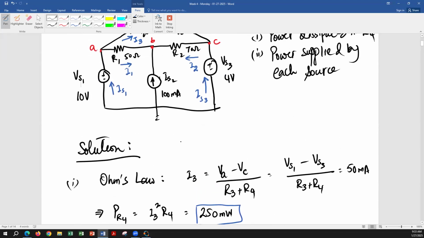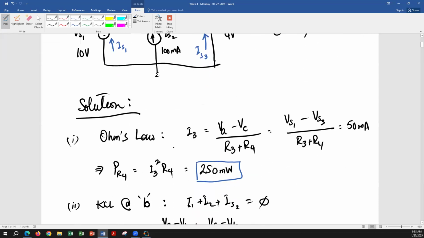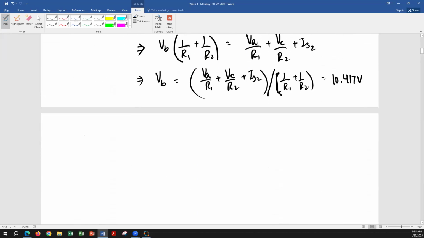Okay, so now we're going to calculate power in each of these sources. Let's just start with IS2 since we know the voltage and current of IS2. So you have VB times IS2.